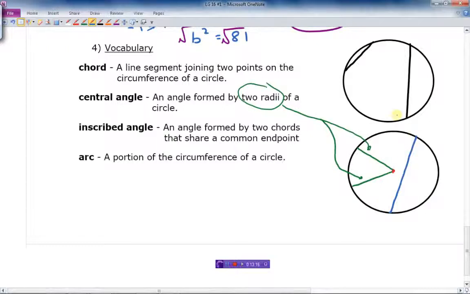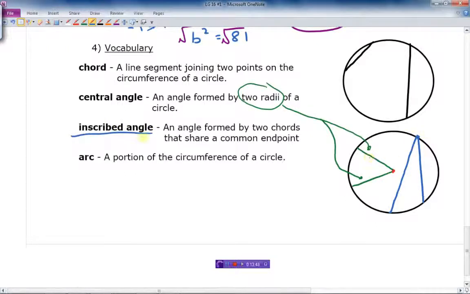But those two chords, even though they start at different places in the circle, end up meeting, they have a common point on the circle. So an angle formed by two chords that share a common endpoint. So this one here is an inscribed angle. This is the inscribed angle right there, the blue one.